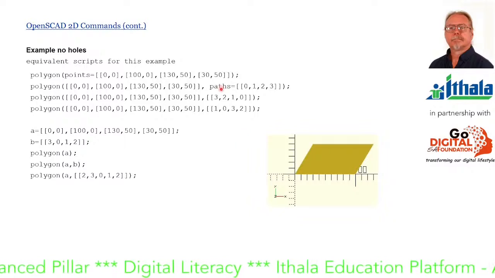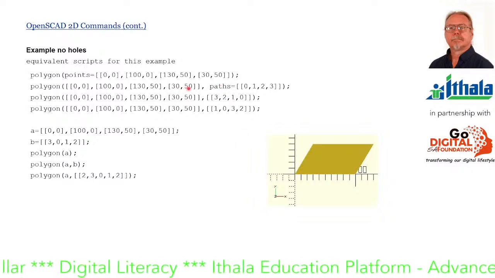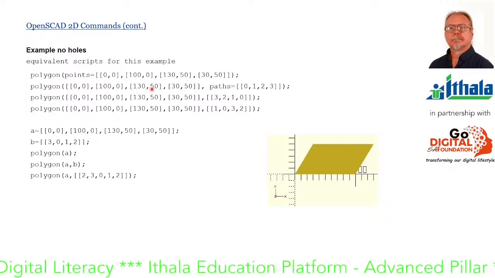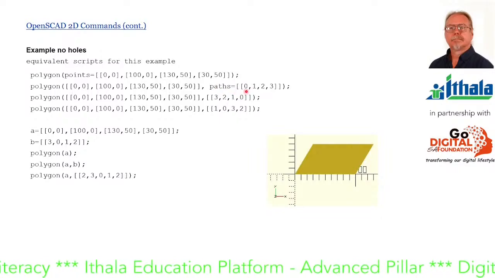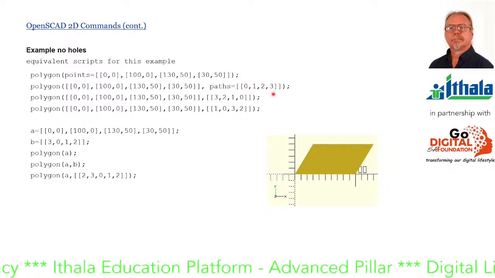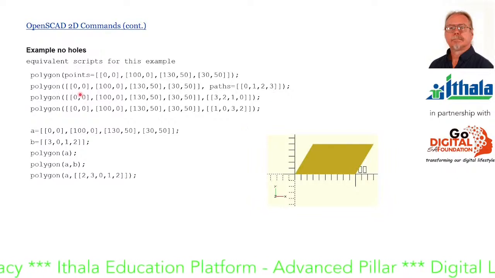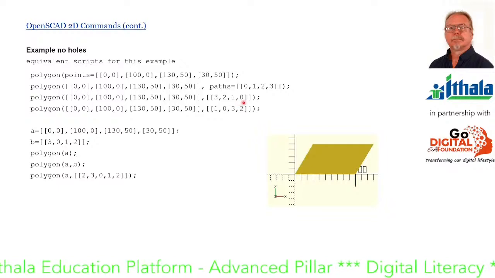If you specify paths, you can change the order of the points in the list. So this next one has the same order as the previous one, and paths is set equal to 0, 1, 2, 3. So it shows that the order is the same. In this example, the paths are reversed, 3, 2, 1, 0.